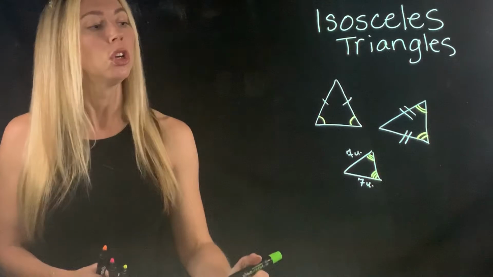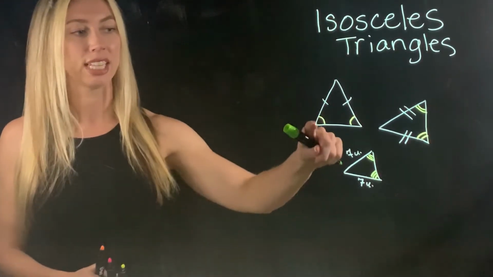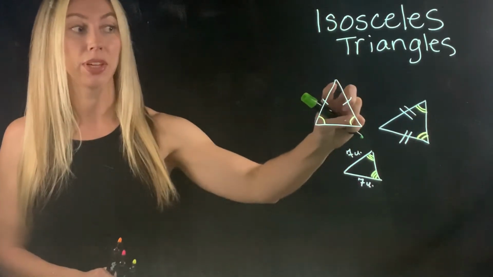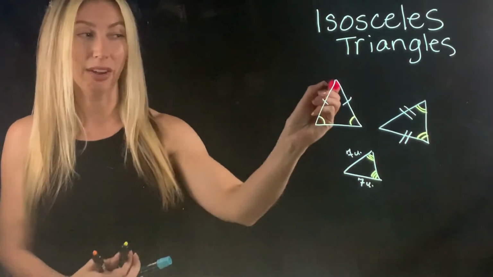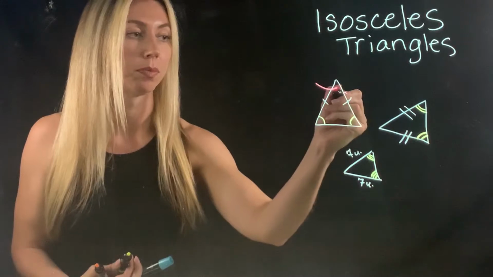So the way I usually think about an isosceles triangle is I think of it kind of standing up, like here, where the top, the angle that's different from the other two, is called the vertex angle.